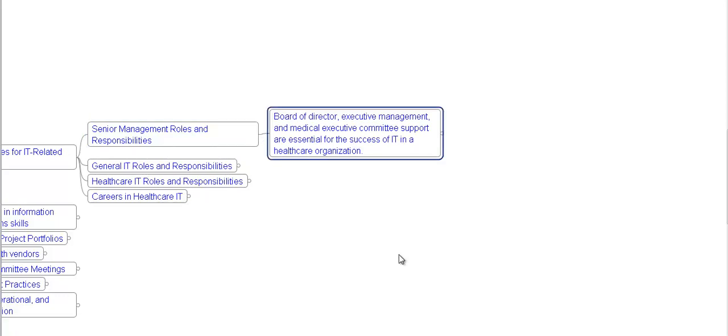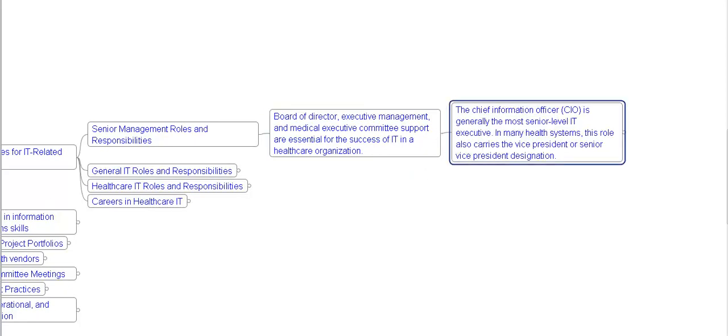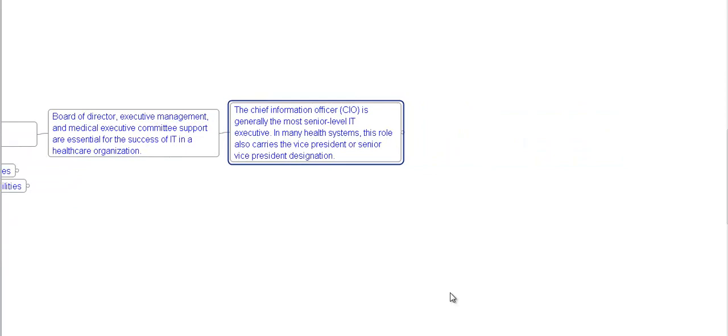Board of Directors, Executive Management and Medical Executive Committee support are essential for the success of IT in a healthcare organization. The Chief Information Officer, CIO, is generally the most senior level IT executive in many health systems. This role also carries the Vice President or Senior Vice President designation.